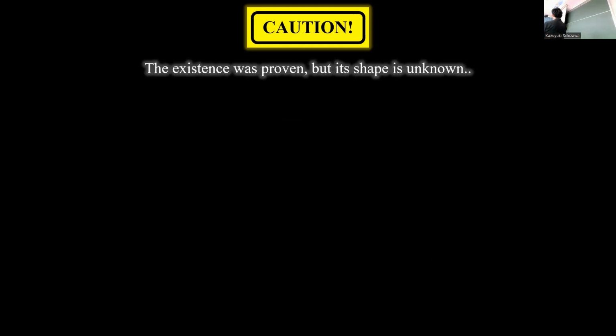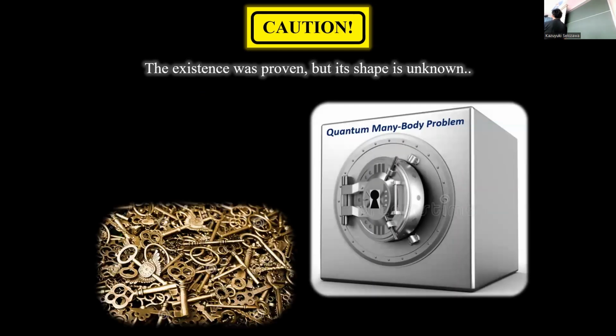The existence of such a functional is proved, but the shape is unknown. From the mathematical proof, we know that there exists a key to open this box to get the solution of the quantum many-body problem, but we don't know the shape. So the situation is really like this: there exists some key, but we don't know which is the correct one.